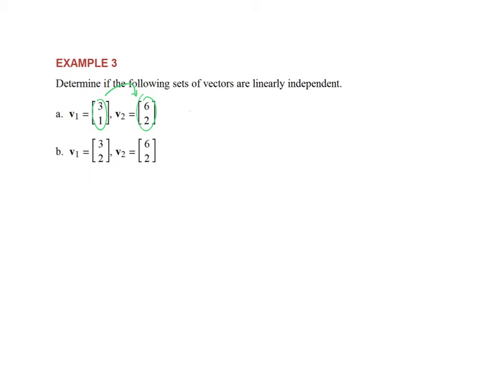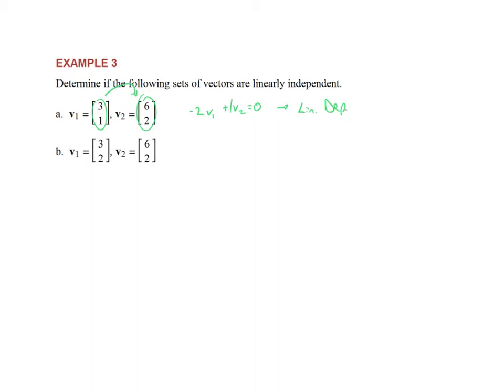So I know that negative 2v1 plus v2 is equal to 0. I have a non-trivial solution. Negative 2 and 1 are the weights that satisfy this system. 0 and 0 satisfy the system, we know that, though. Negative 2 and 1 is another solution. So that means that that one is linearly dependent.